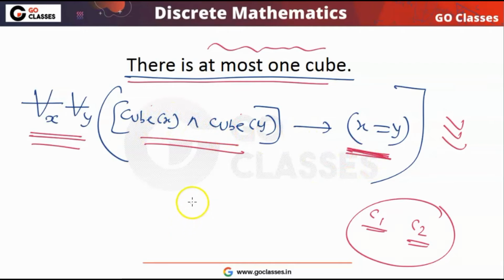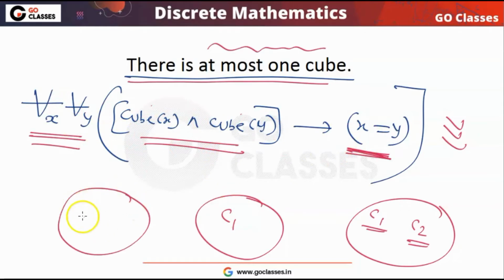You can notice that if there is only one cube, this statement will become true. And if there is no cube, let's assume there is no cube in the domain, then also this expression will become true. Why?